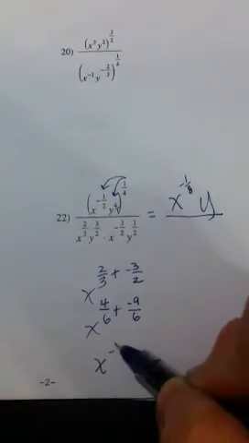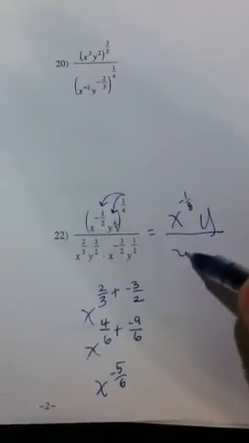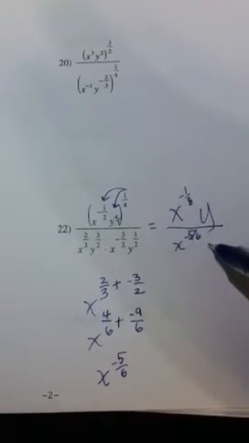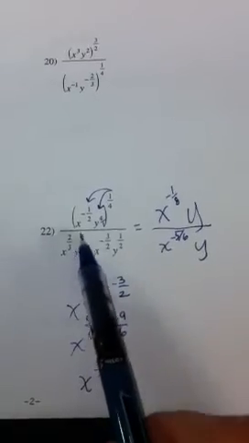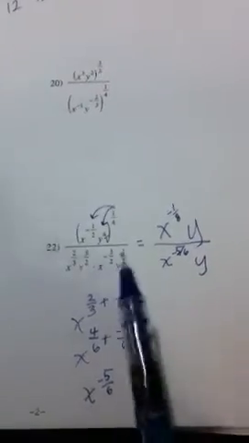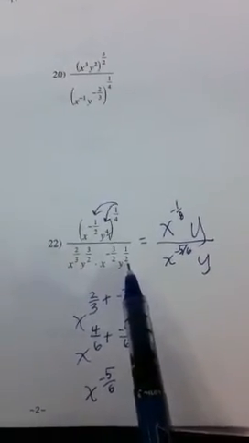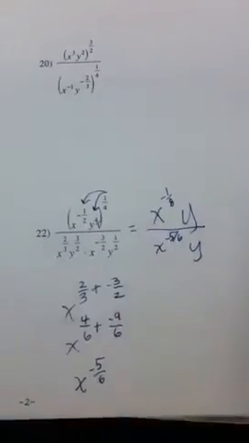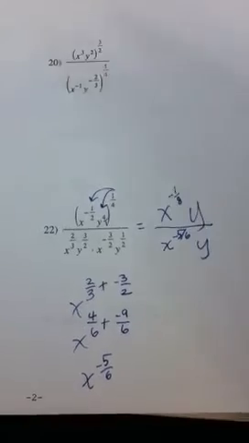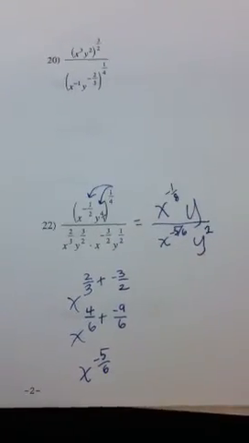So then I have x to the negative 5/6. Same thing with the y's. You're multiplying, so you add 3/2 plus 1/2. That's easy because the denominator is already the same. Just add the 3 and the 1, and you get 4/2, which is just 2.